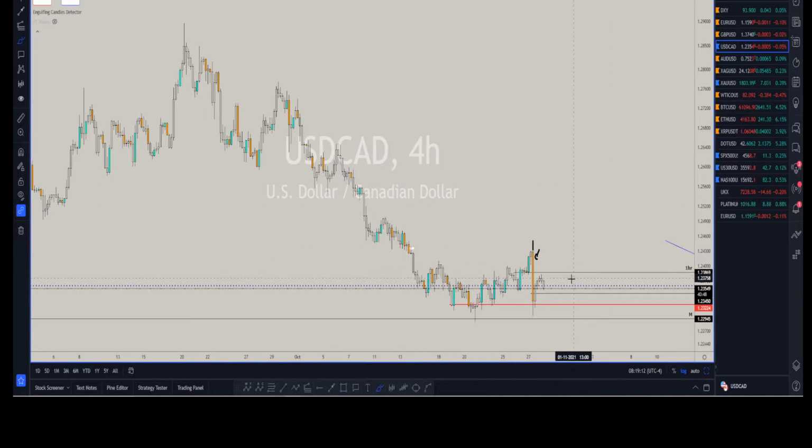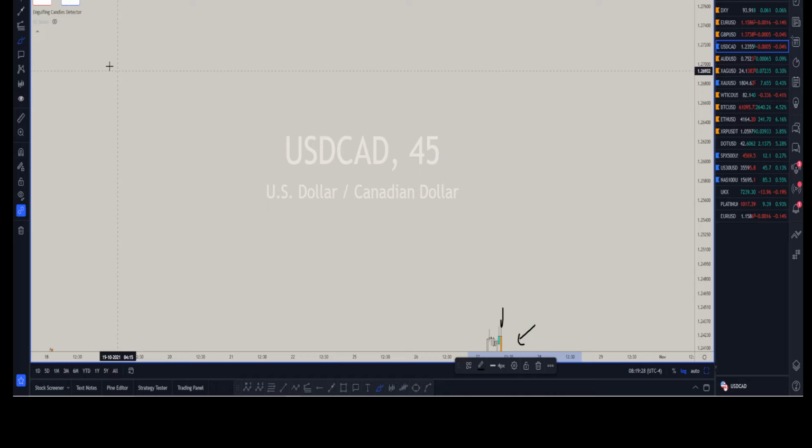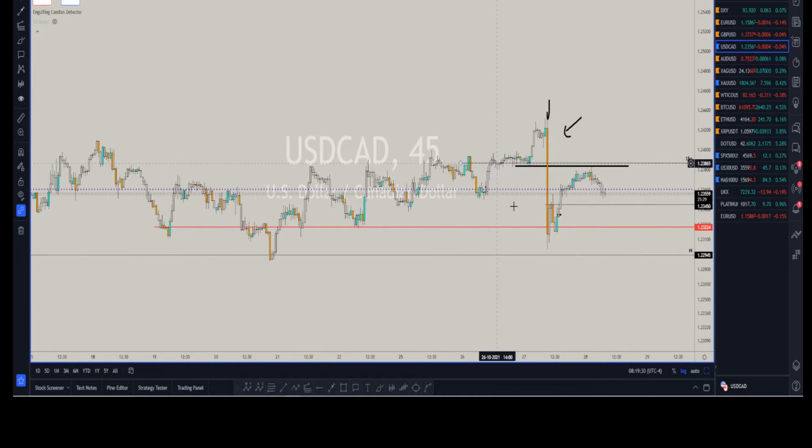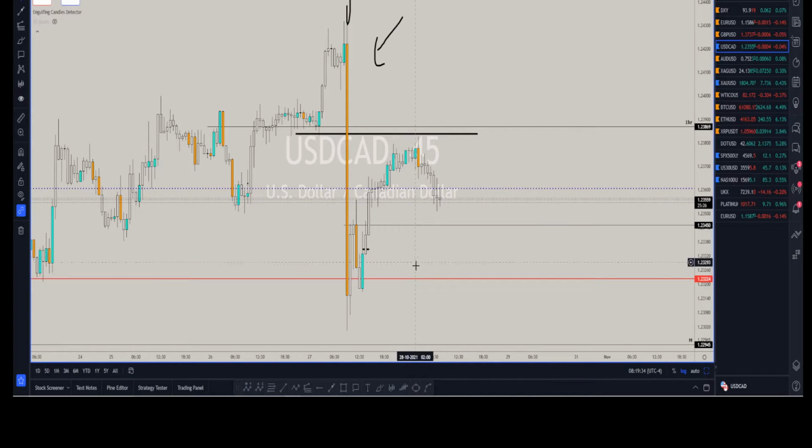Key area UCAD, as I said yesterday, looking for a retest, but there's a buy setup. No, there's a sell setup on the 45-minute that got broken.